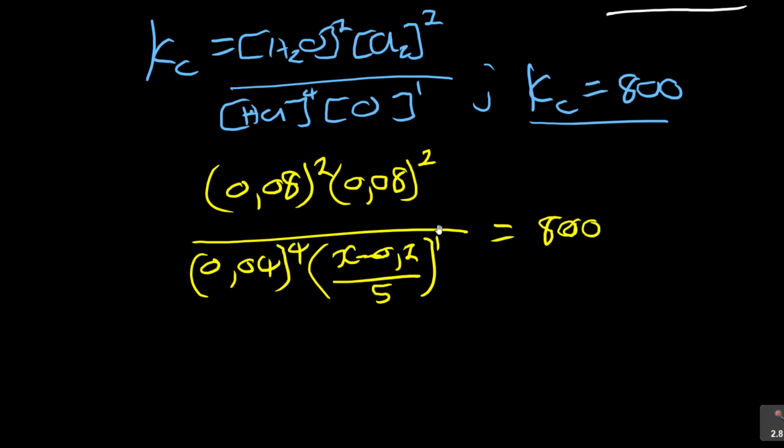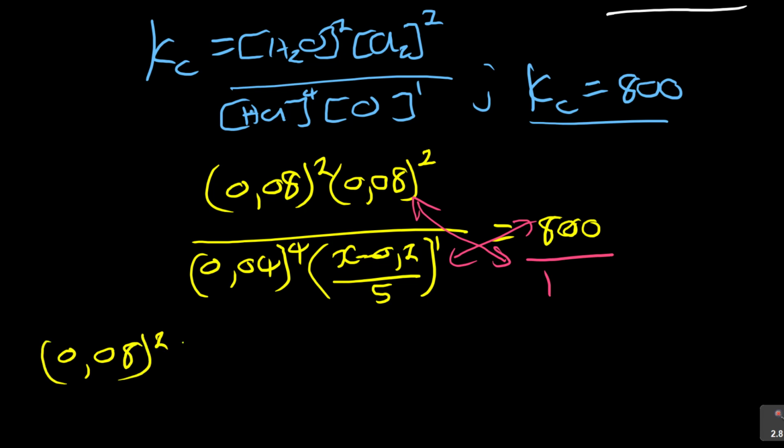Then you got this, and then it's up to you how you want to do this, but you can cross multiply like this over 1, where that top multiplies that and this top multiplies this, so it will be 800 times that. So I will have 0,08. I don't want to simplify this for now because I can see lots of things are cancelling out there.